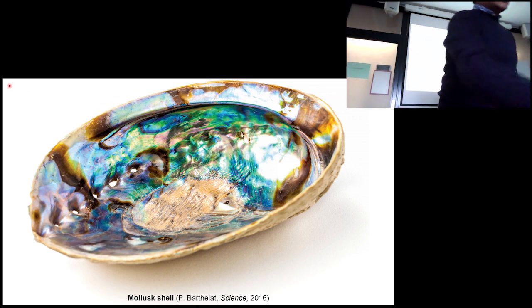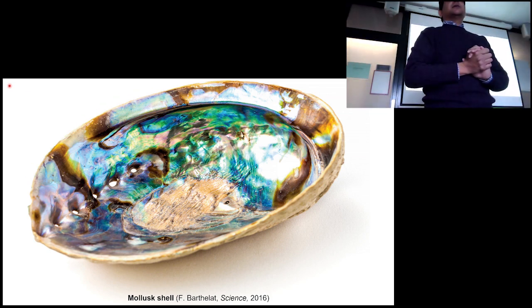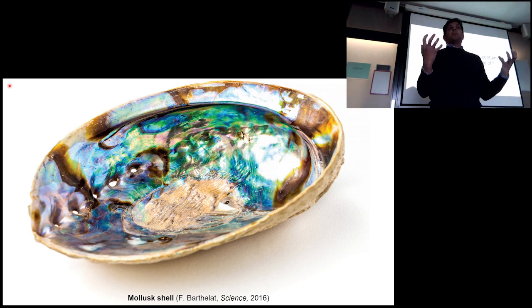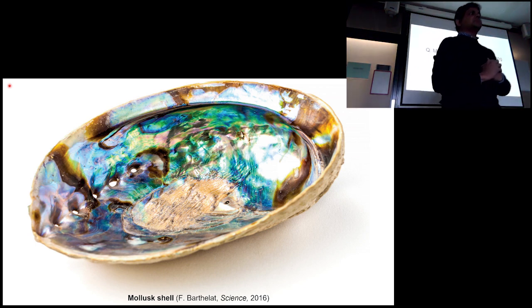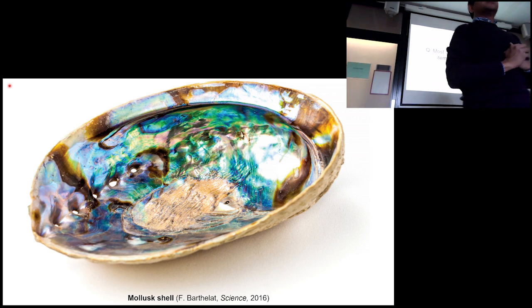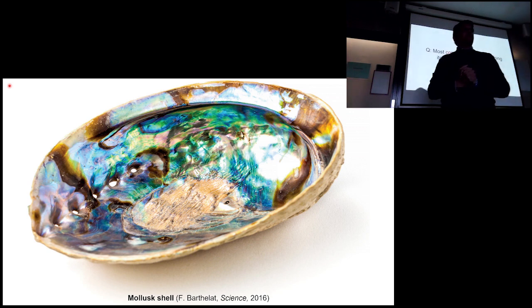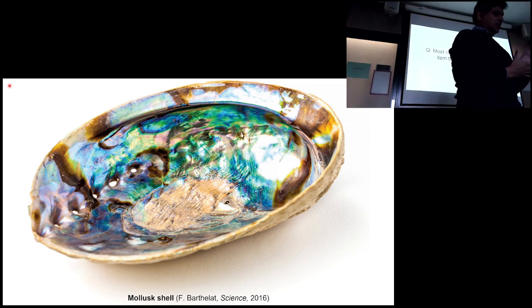So please pass them around. Basically, you have to take a look at the shells and tell me what is the obvious property that you observe from the shell? The most obvious feature that you can think of.